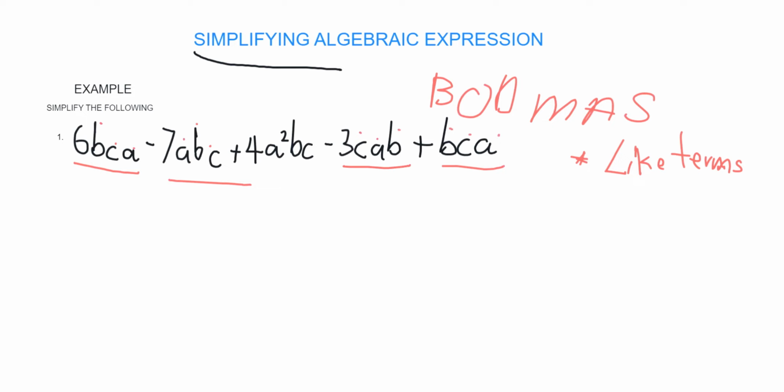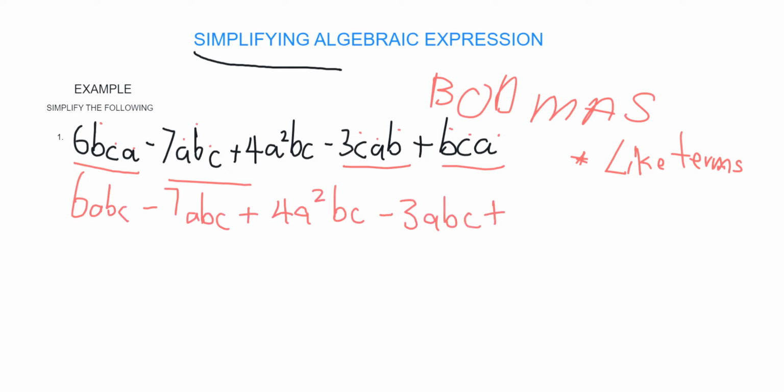If you arrange all these in alphabetical order, this is actually going to be the same as 6ABC, subtract 7ABC. Remember, we are arranging them in alphabetical order. Plus 4A squared BC, subtract 3ABC and plus ABC.